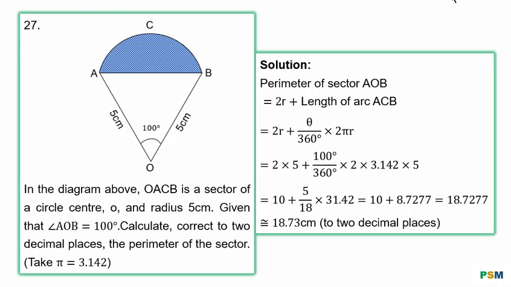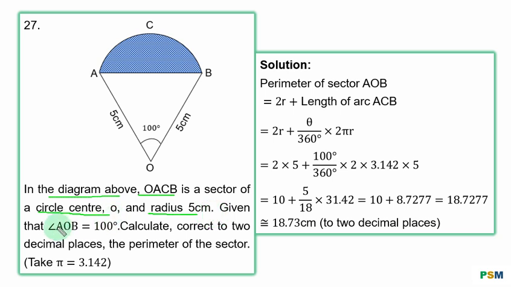Example 27. In the diagram above, OACB is a sector of a circle center O and radius 5 cm.